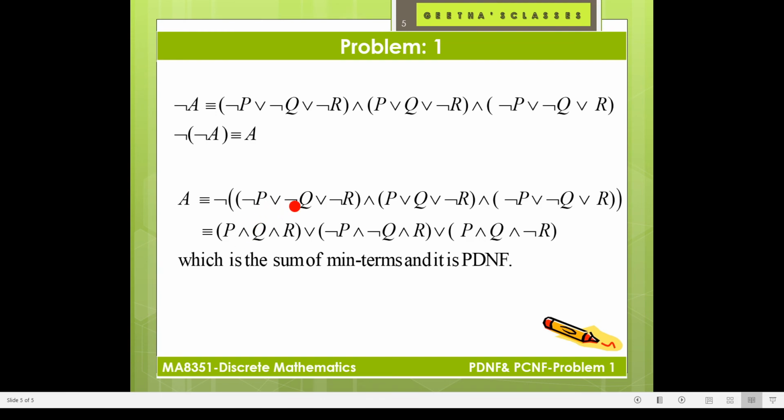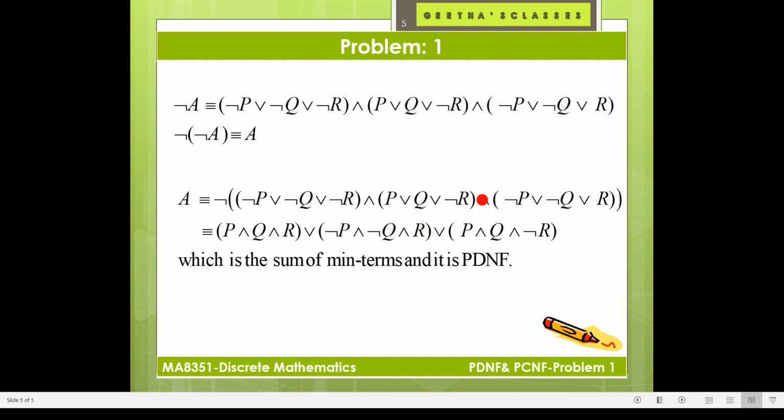Negation of negation Q is Q. Negation of negation R is R. Then negation P, negation Q, and then negation of negation R. Negation of negation is positive, so positive R.